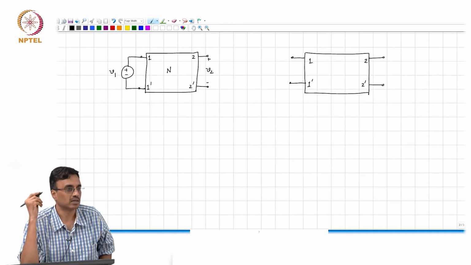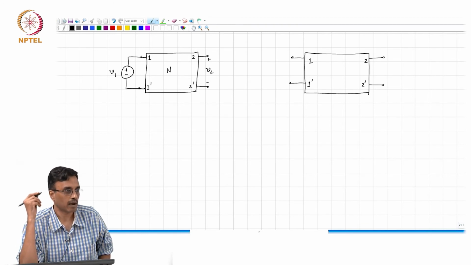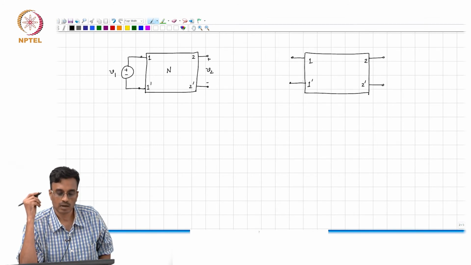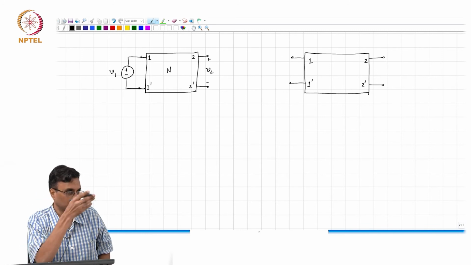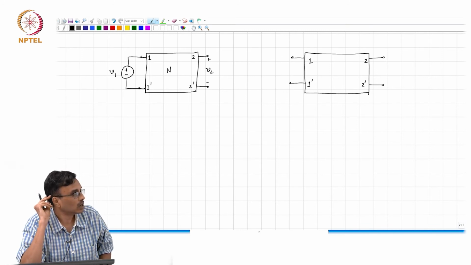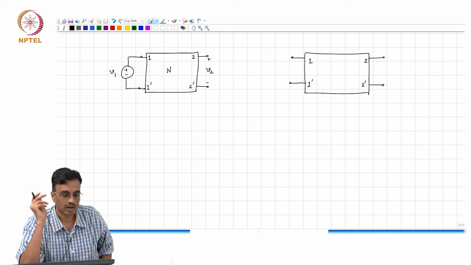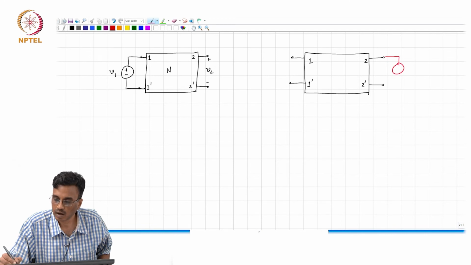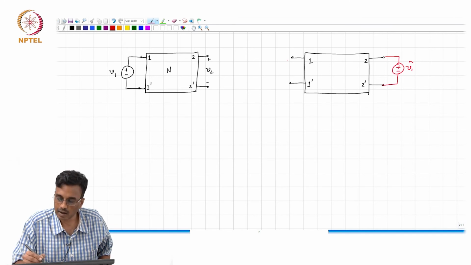What should I do? Does somebody know what I should do? Okay, so the answer I get is: how about exciting this? And sorry, this is V2 hat and this is V1.